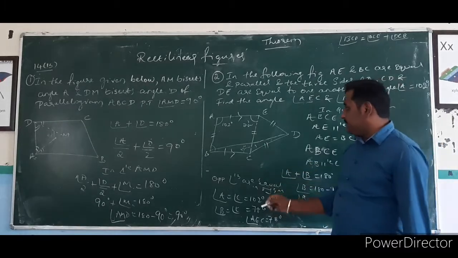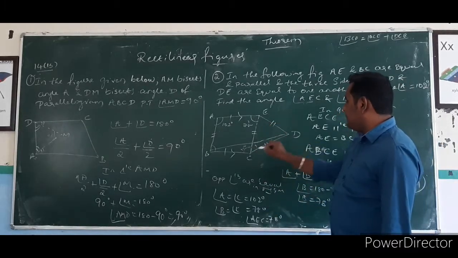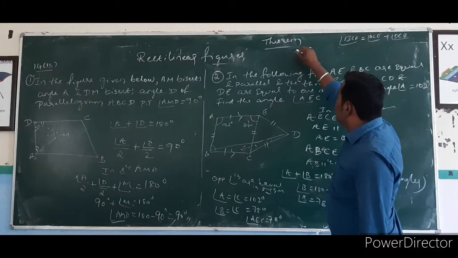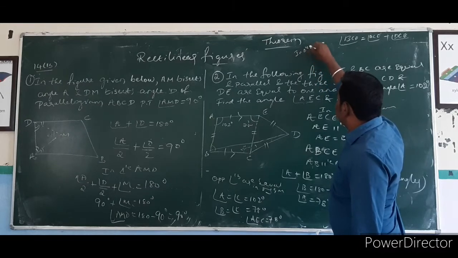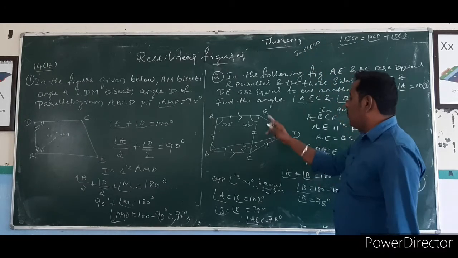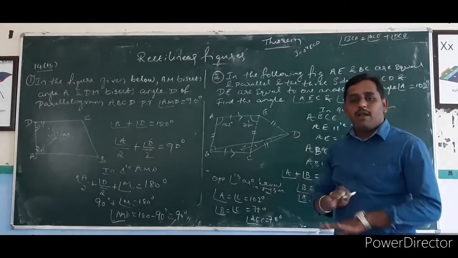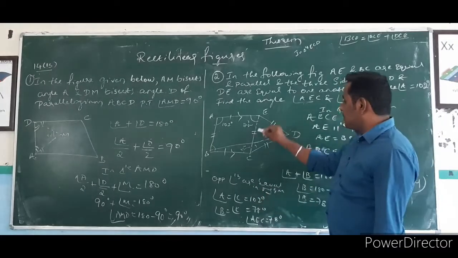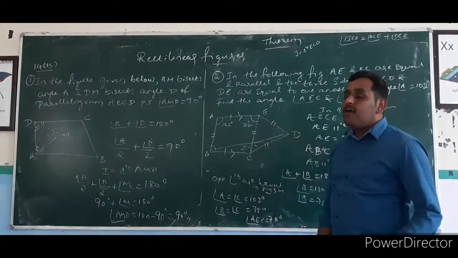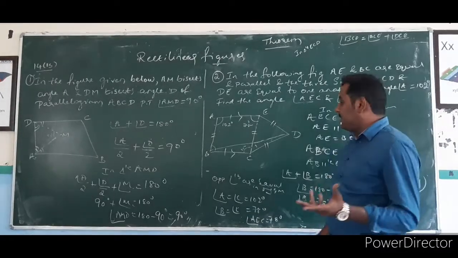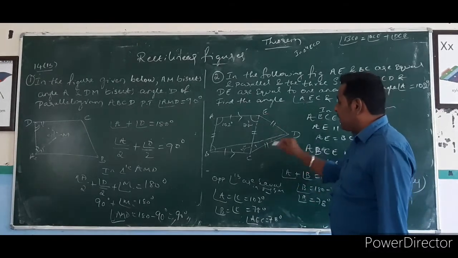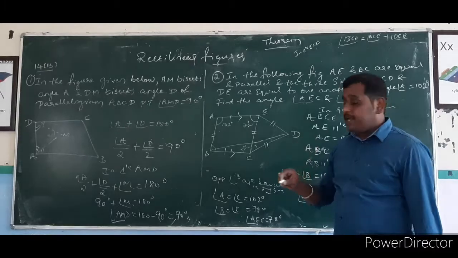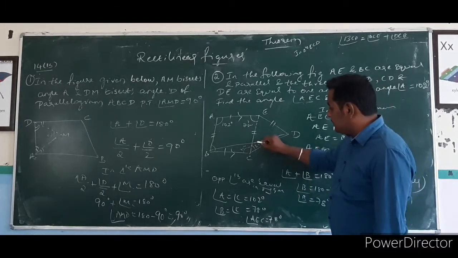To find this angle, consider the triangle ECD. In triangle ECD, look, all the sides of the triangle are equal. Then all the angles are also equal. That means this is an equilateral triangle. In an equilateral triangle, this angle is 60 degrees.